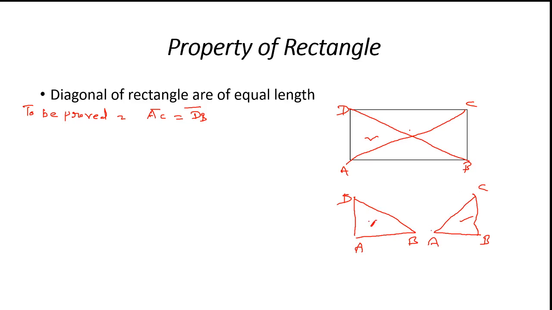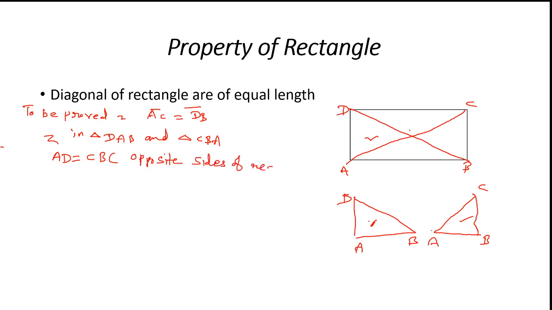So in triangle DAB and triangle CBA, what we can say is that AD is equal to CB, opposite sides of a parallelogram, opposite sides of a rectangle.